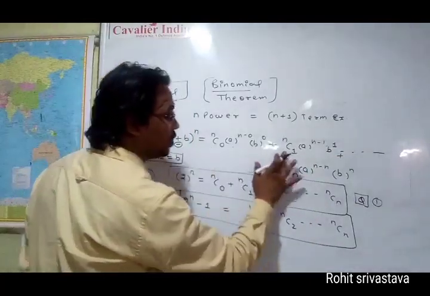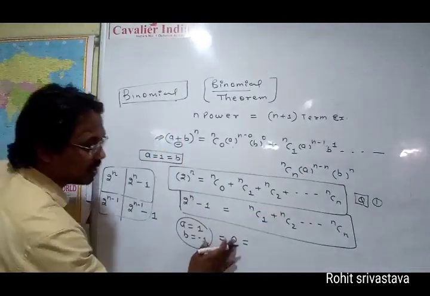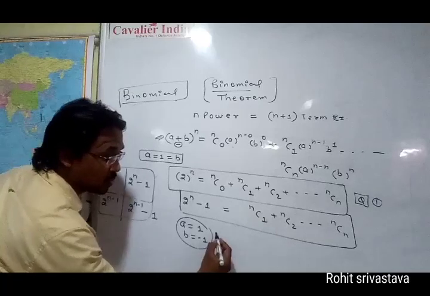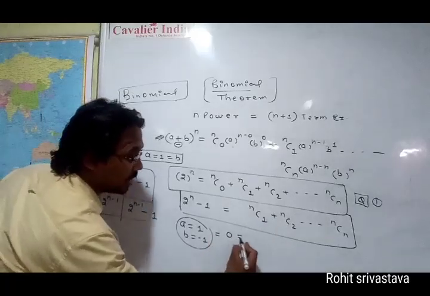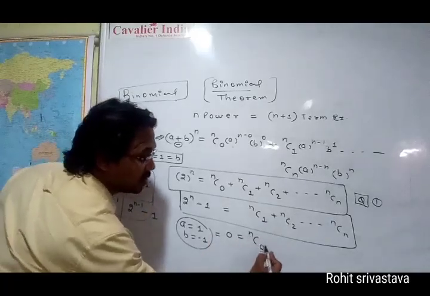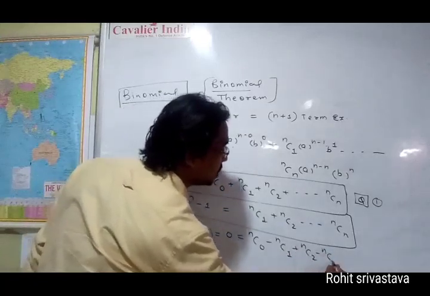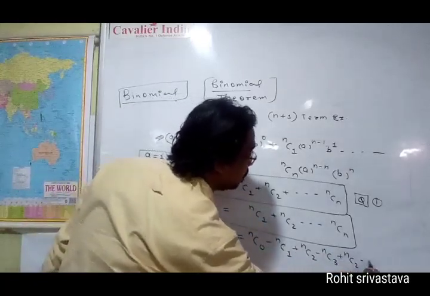So we just put the same thing here: when a is 1 and b is minus 1, the left is 0. The right side we can write nC0 minus nC1 plus nC2 minus nC3 plus nC4 onwards.